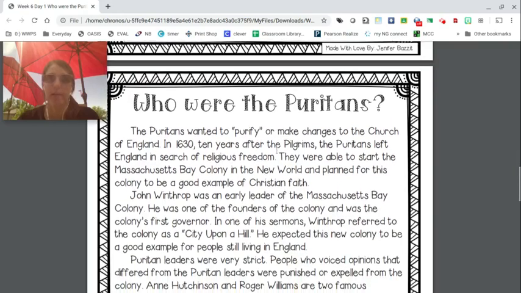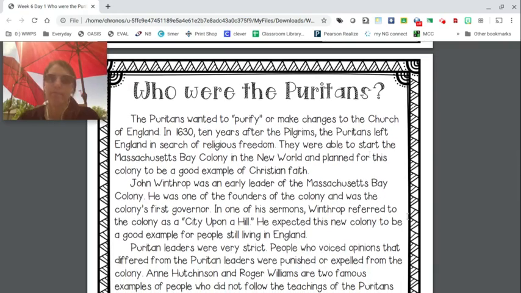Okay, so here's the read aloud of the text that you have that goes along with this after your map activity. Who were the Puritans? The Puritans wanted to purify or make changes to the Church of England. In 1630, 10 years after the Pilgrims, the Puritans left England in search of religious freedom.